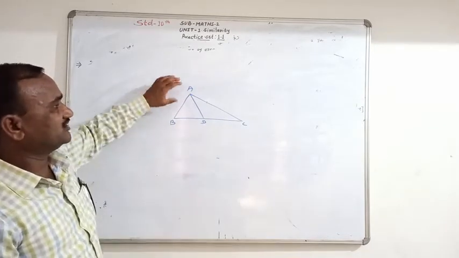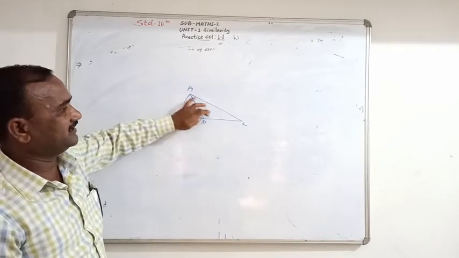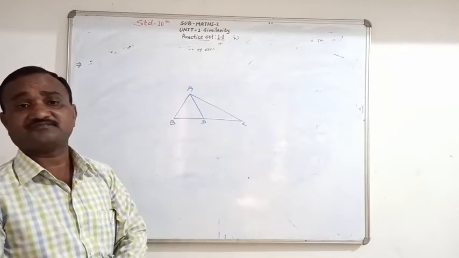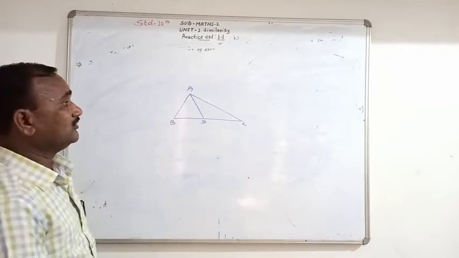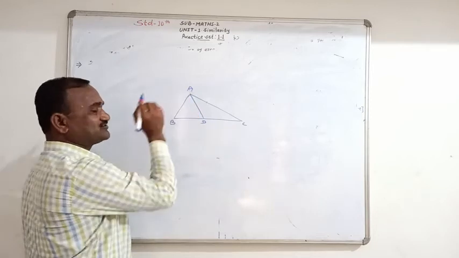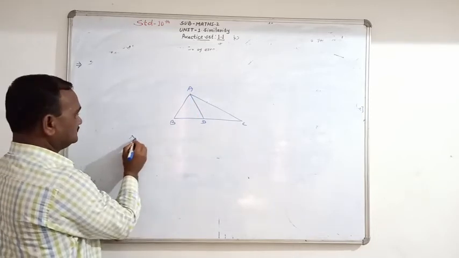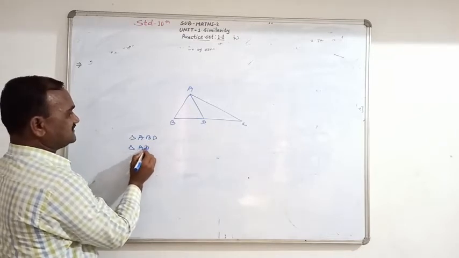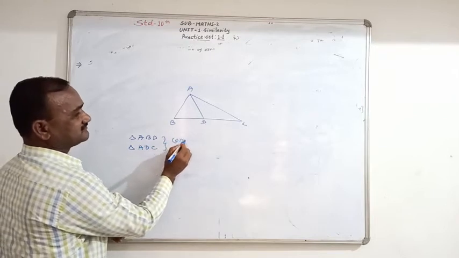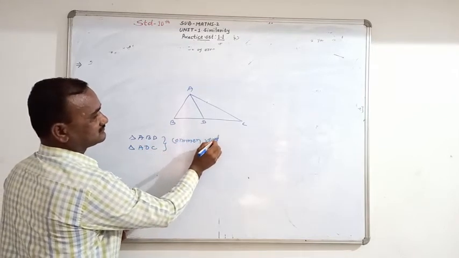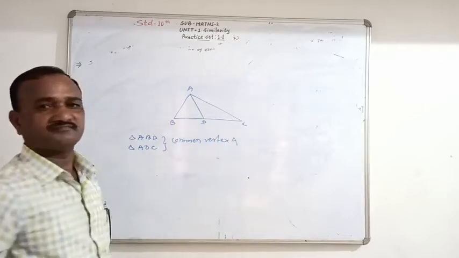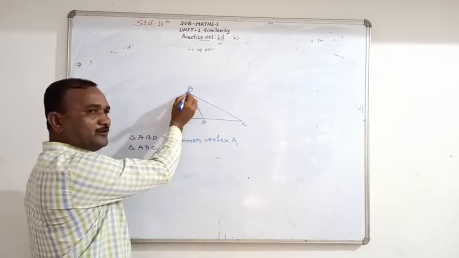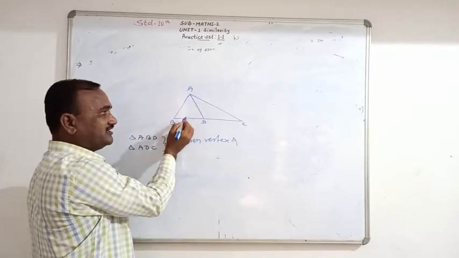Okay, so think here triangle ABD and triangle ADC. Look at, they have one vertex A common. Triangle ABD and triangle ADC have common vertex A. In triangle ABD, A is the common vertex and side opposite to A is BD.